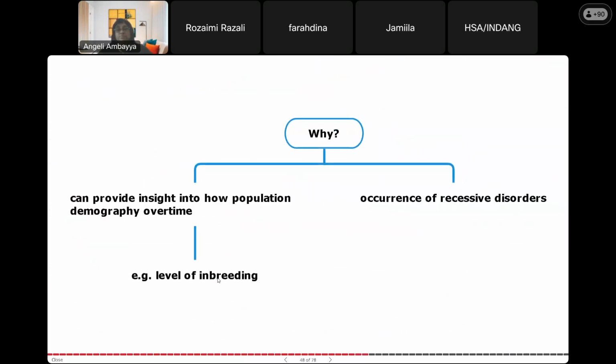Because it can provide insight into population demography over time, for example the rate of inbreeding, as well as insights into recessive disorders. When we looked at the variant statistics earlier, we noticed that the majority of the disease-causing variants were autosomal recessive, so that motivates us to study the run of homozygosity.